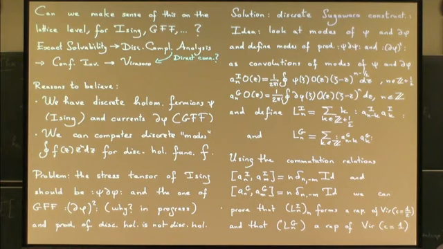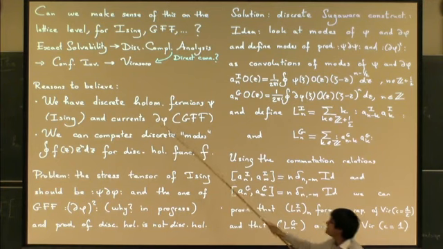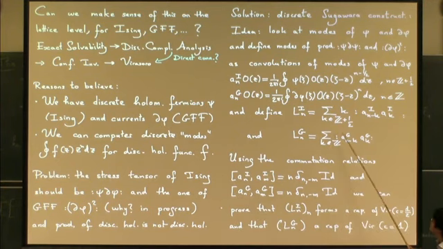If you think in the Fourier world, the Fourier transform of the square of a function is the convolution of the Fourier transform of the function with itself. And so that's really the idea: you can define modes of the simpler objects, the fermions and the currents, that are discrete holomorphic, and then you can define the L_n's that you wanted to define as just convolutions of the modes of the simpler objects.